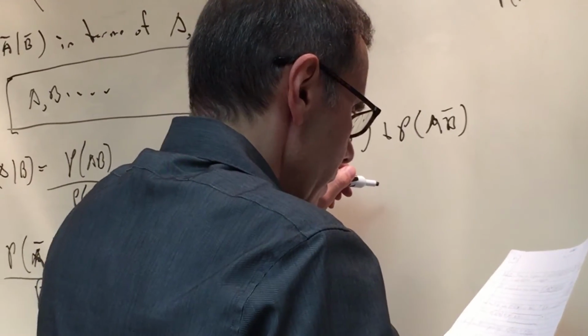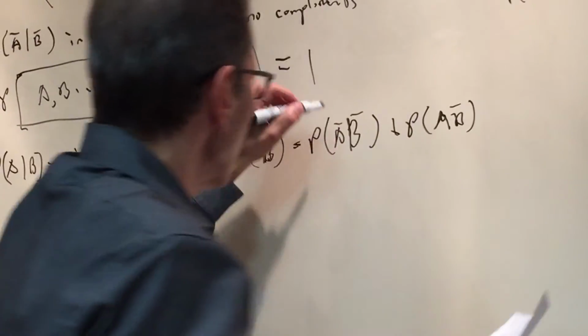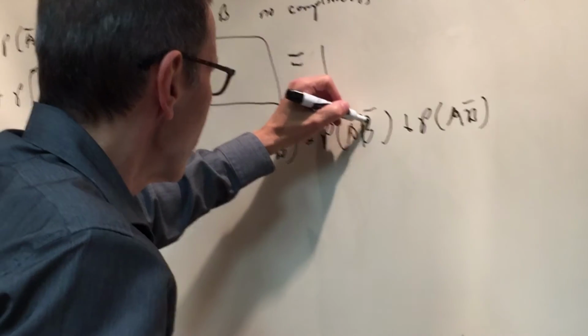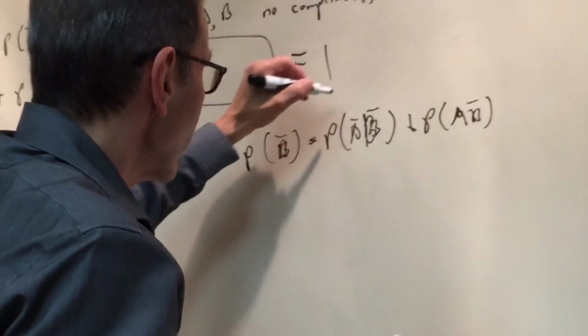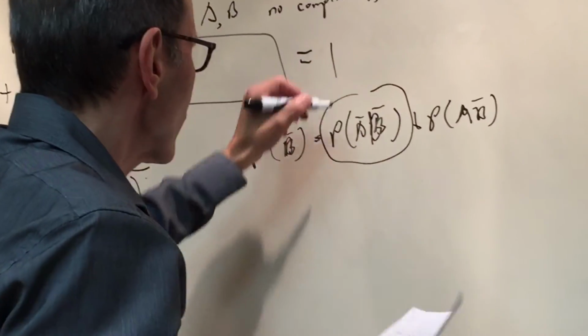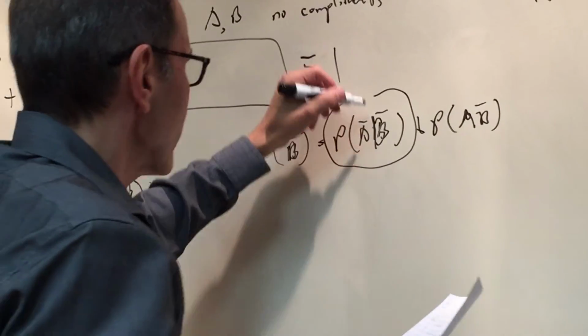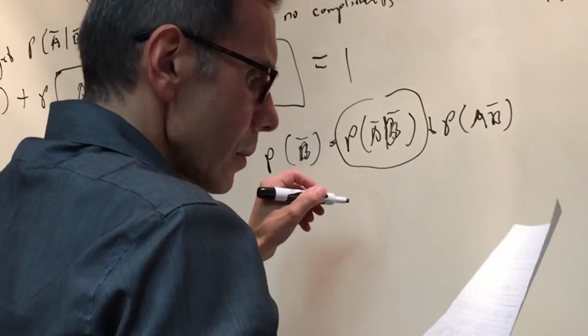And this is good because this contains the thing we need to try to isolate and solve: A bar given B bar.